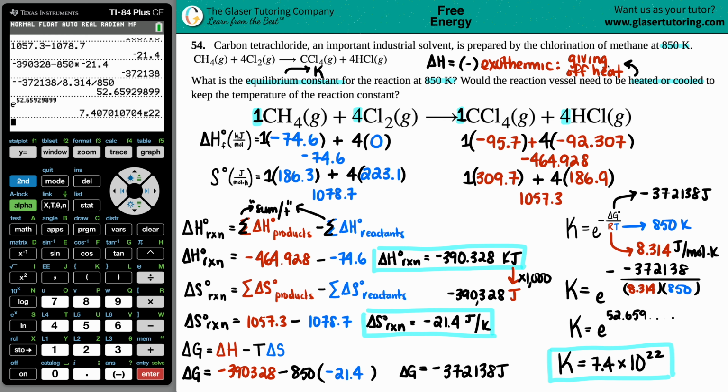If the temperature is rising because it's getting hotter, we need to cool it down. So for exothermics, we need to cool it down. So it needs to be cooled, because giving off heat is going to raise that temperature. So in order to bring it back down, you just got to cool it down. So that would be the answer to the second part.